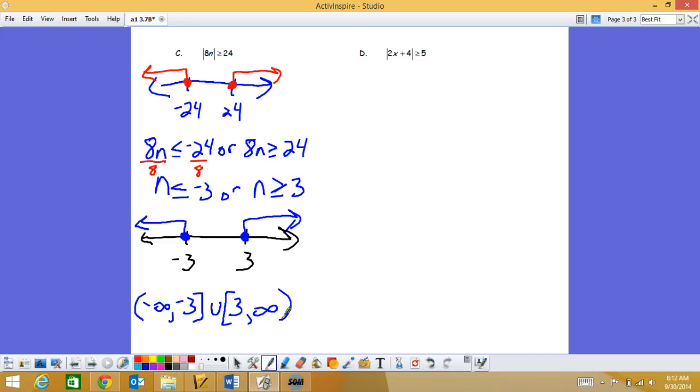And then finally D. Again, we're looking for those values that are farther away from 0 than 5 is. And I'm getting stray marks because apparently I'm getting too close to the screen. So if we look at this graph, we have -5 and 5.